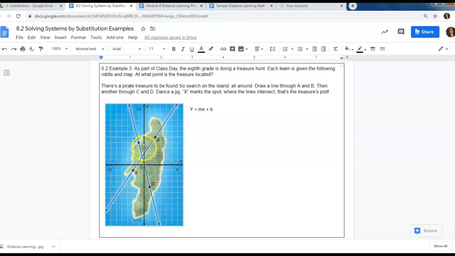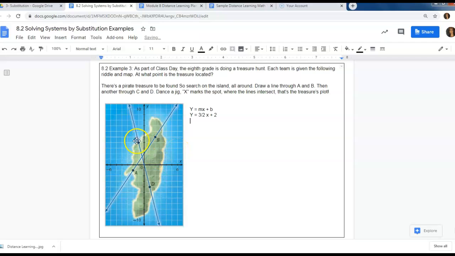I rise 1, 2, 3, and then I run 1, 2. So rise 3, run 2, the slope is 3/2. Now I have my slope and my y-intercept, so my equation is y equals 3/2 x plus 2.